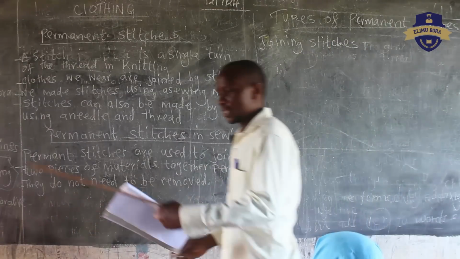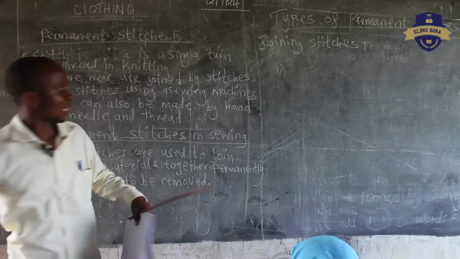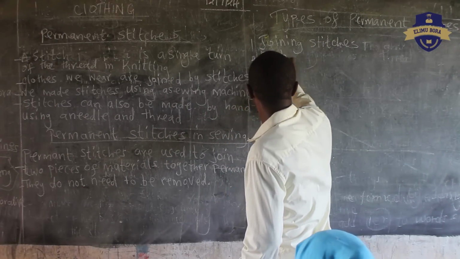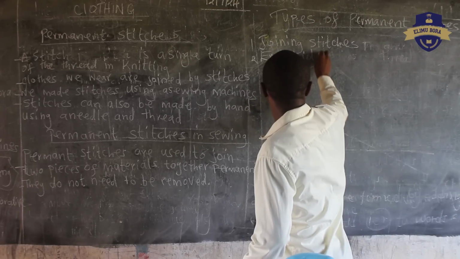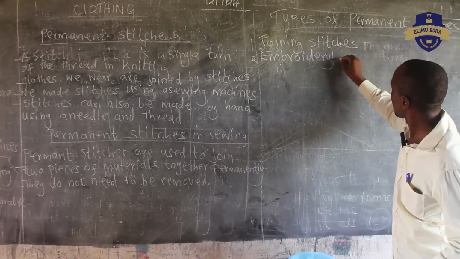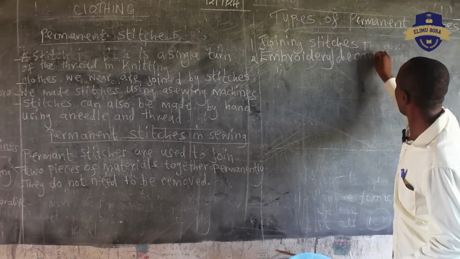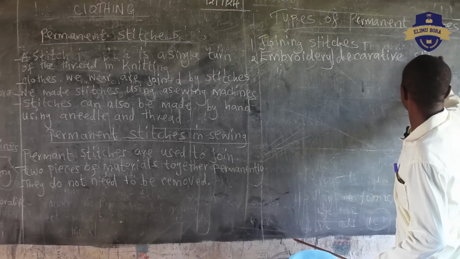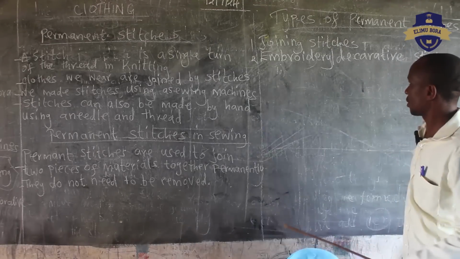Number 2 is called embroidery. Embroidery is also called decorative stitches.